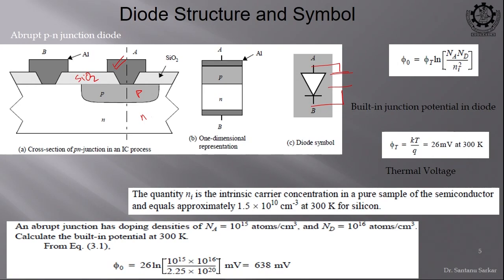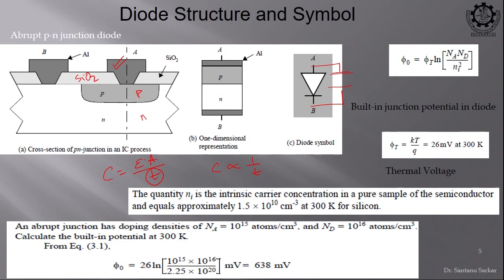So, this reverse bias diode can behave like a capacitance, may not be a linear capacitance, but ideally it is behaving like a capacitance, right. Now, you know the equation for capacitance, C is equal to epsilon A by D or T, whatever. Now, C is inversely proportional to this T.